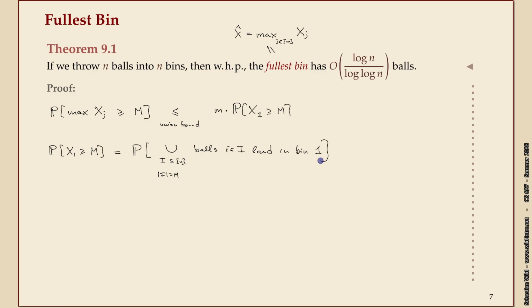This is slightly more convenient than summing up the probabilities for x1 to be exactly a certain value, because now we can use the union bound again. That's a union of events. So we're going to take the sum over all the events. They're all equally likely because everything's symmetric. So all we have to do is count how many subsets of size m there are out of the n balls, and that's a binomial coefficient, n choose capital M. And then we have the probability that any specific set lands in bin 1.